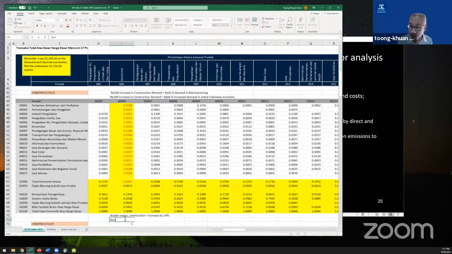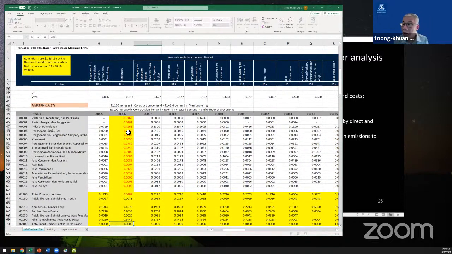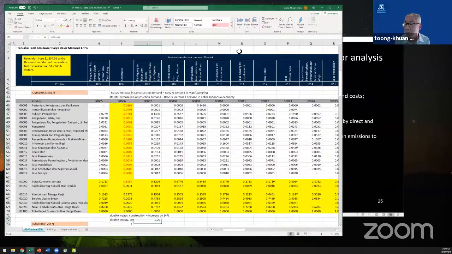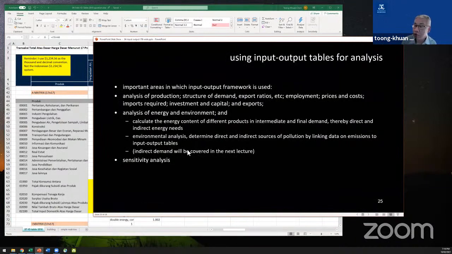If you double energy, construction increase will be, you take this equals to this plus listrik and gas. So it becomes 1.002. Okay, so it's a very useful tool for you to answer this kind of questions.